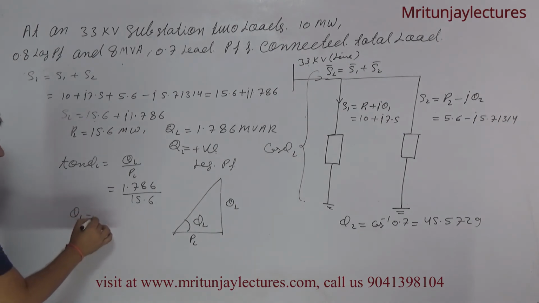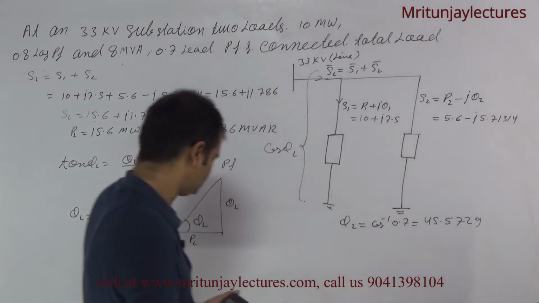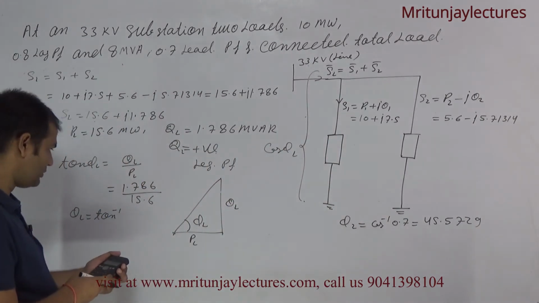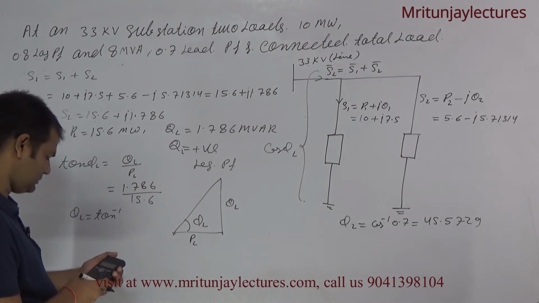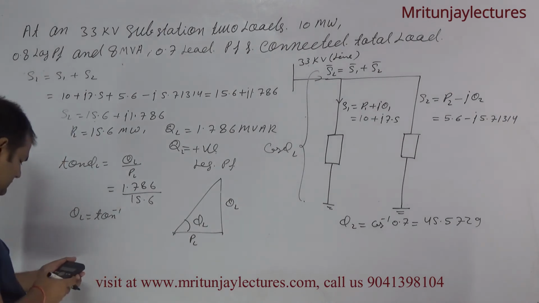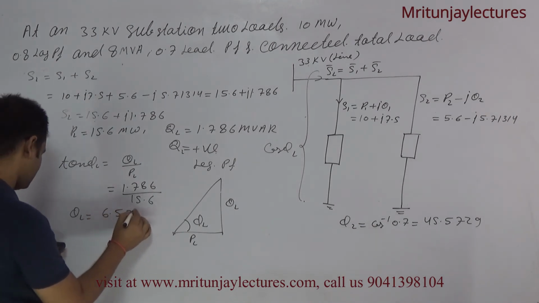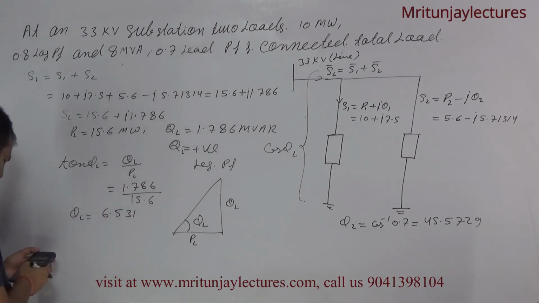Phi L is equal to tan inverse of 1.786 divided by 15.6, which is 6.531 degrees.